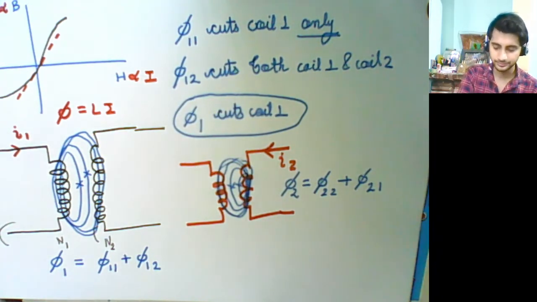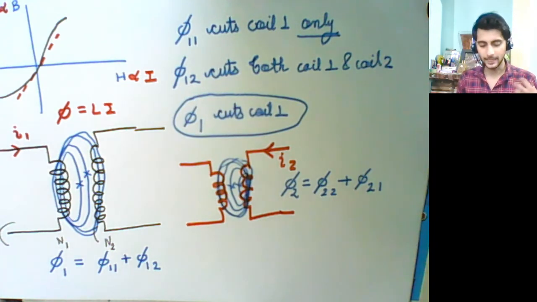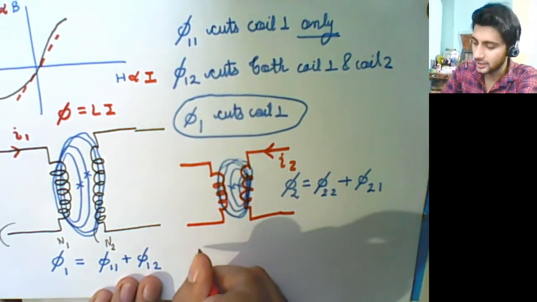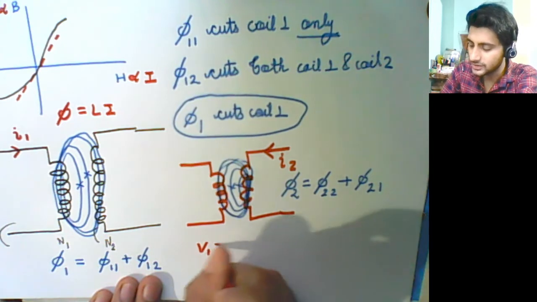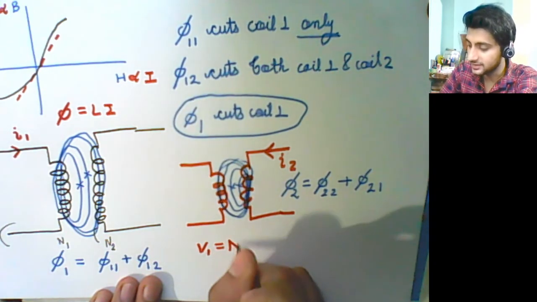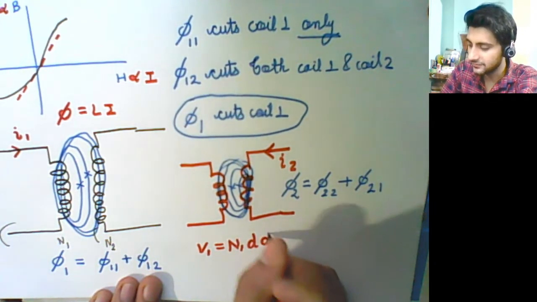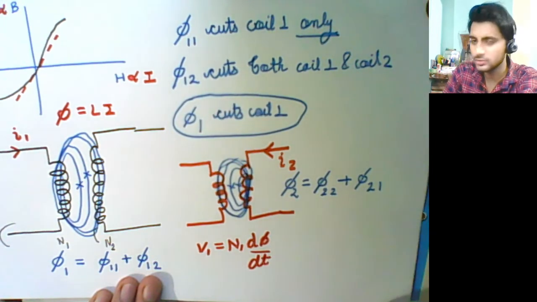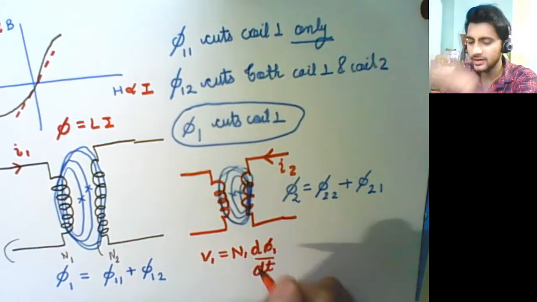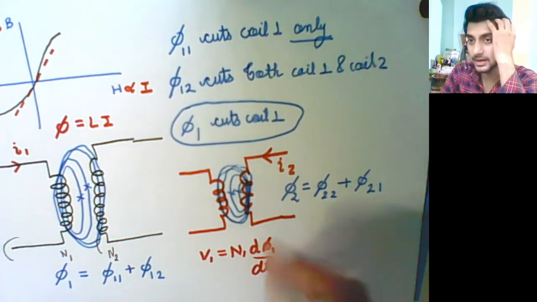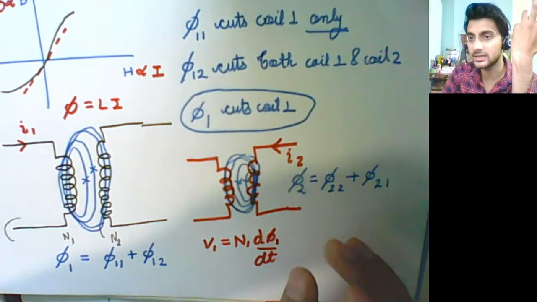Now, as you know, the voltage induced depends on the number of turns into d phi by dt. I hope you remember this thing. V1 is equal to N1 d phi 1 by dt. It was because of the self inductance.